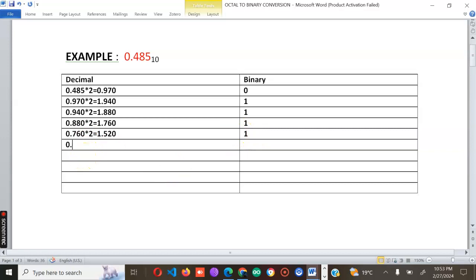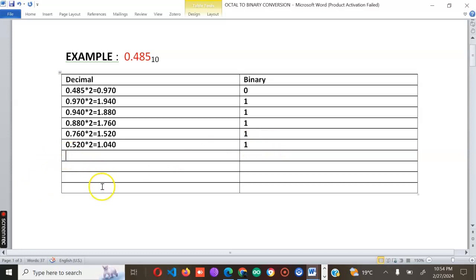Then work on the fraction 0.520 multiplying by 2, which gives 1.040, so you write down the 1.